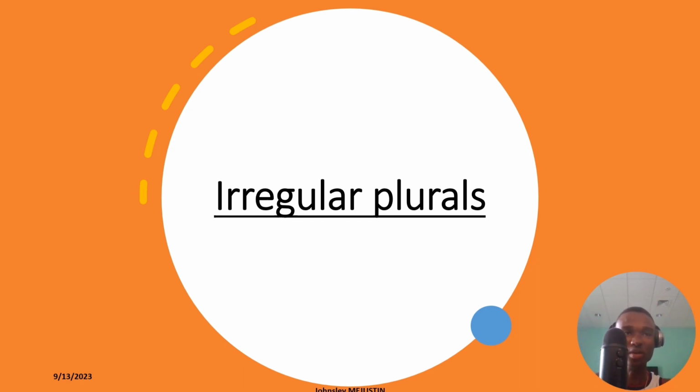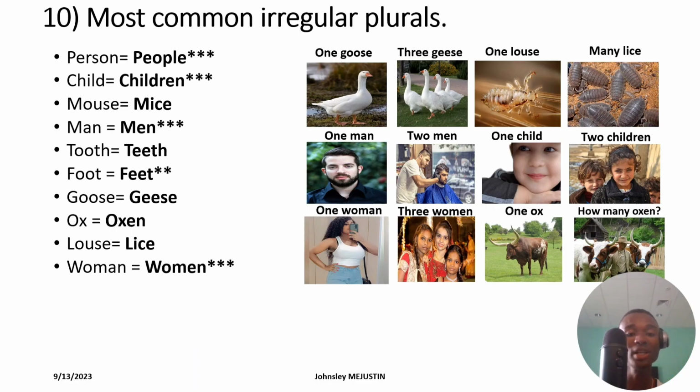They do not follow the S rules, the VES, the ES rules, the SES, VES rules. They do not follow those rules. You need to memorize them because they have their own plural forms. Okay? We call them irregular plurals. Let's find out. So the most common irregular plurals are these. These ones are the most common.